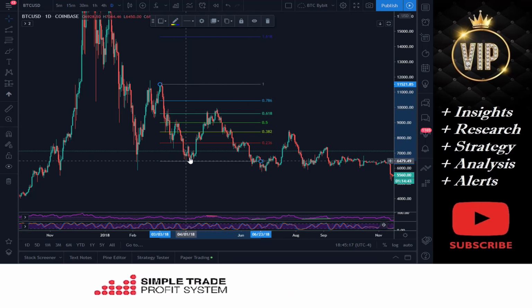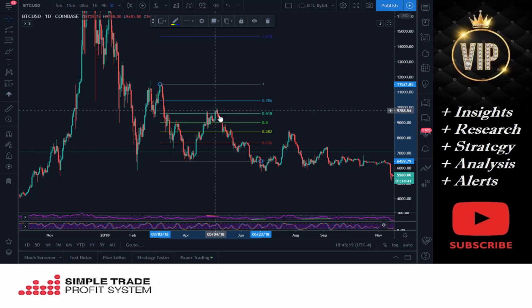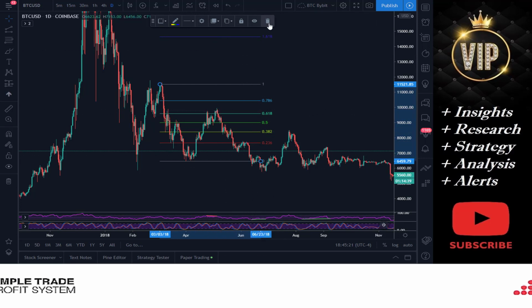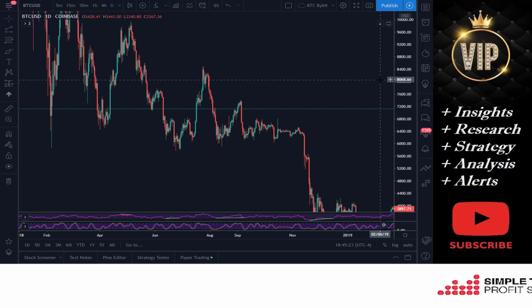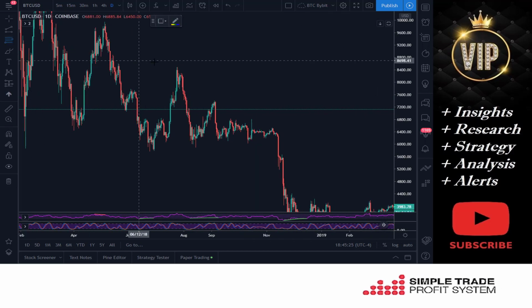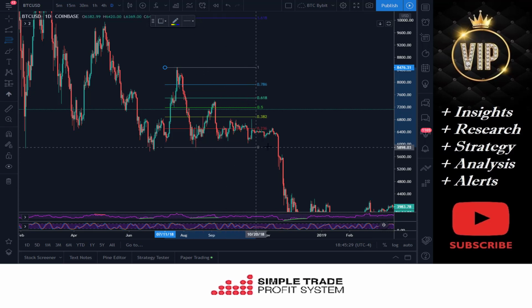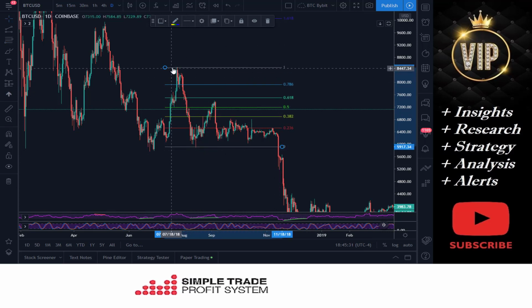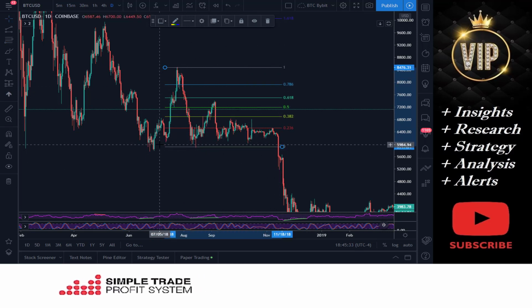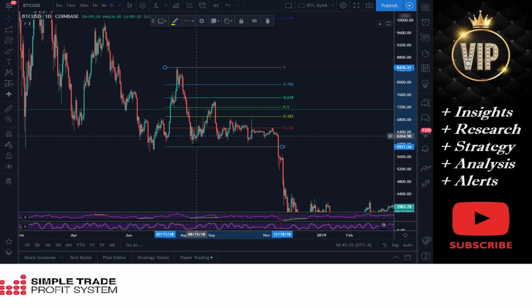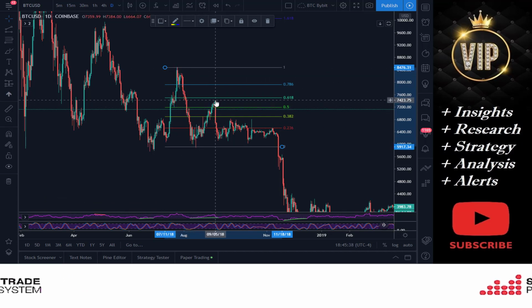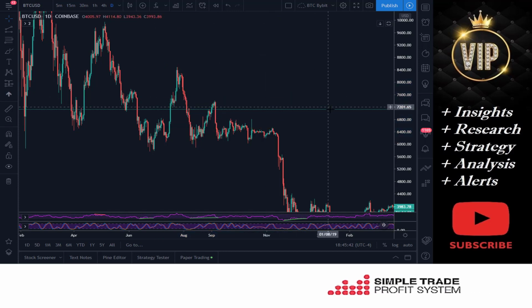And then from there, it retraced up 61.8% before continuing down. And you could draw this. I'm telling you, they're all going to be pretty similar. From this high down here to this low, I'm just stretching it out. We see price came down from its high to its low and then retraced back up to 61.8%, almost exactly again.